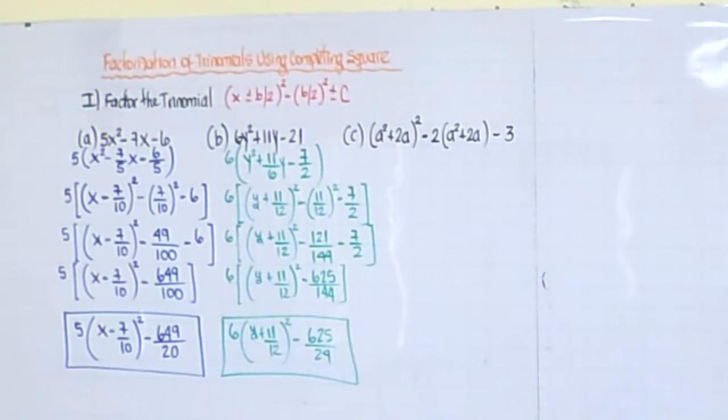Remember, even though these two fractions are negative, when we have numbers with the same sign, we must add and copy the same sign. That's why negative 121 over 144 subtracting 7/2, the result will be negative 625 over 144. And applying the distributive property, we got this answer. Got it?